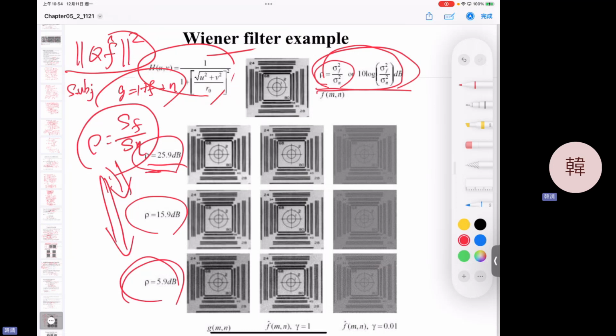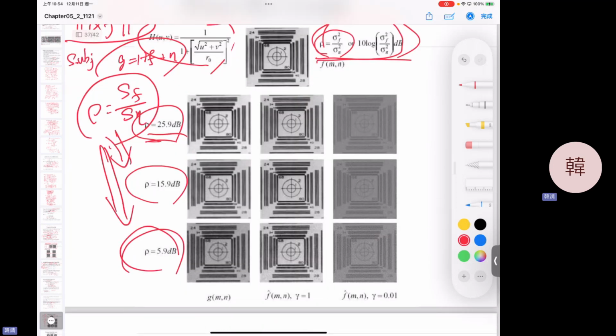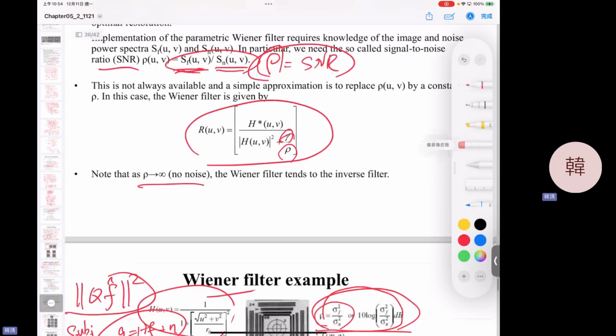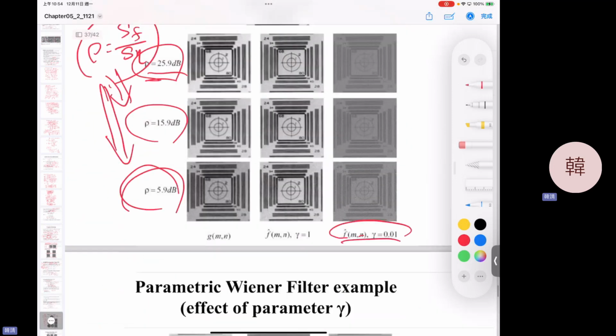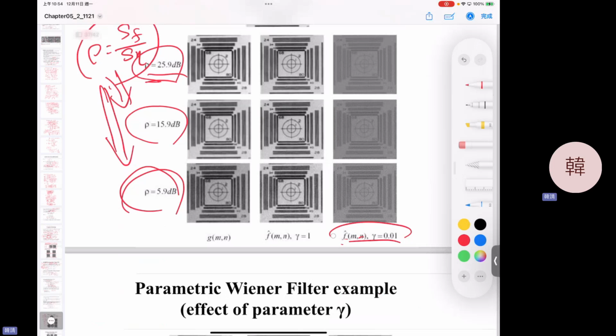However, if we use a small gamma here, remember the equation becomes gamma divided by the signal noise ratio. If you use a small one, it means you try to remove the noise, but not much.